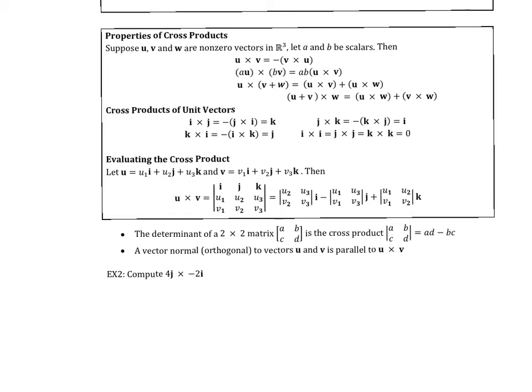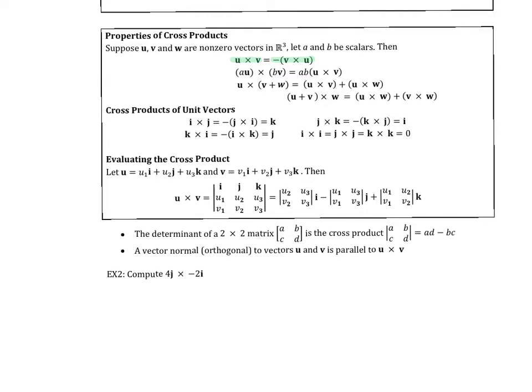We already talked about the direction of the cross making a difference in the direction of our vector. So u cross v is going to be equal to negative v cross u. So change the direction, it becomes negative. So take a negative, and you're back where you started from.